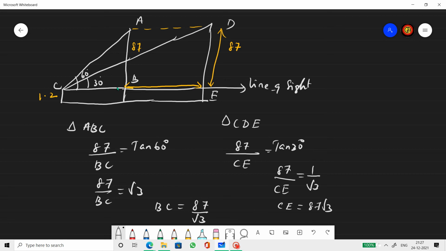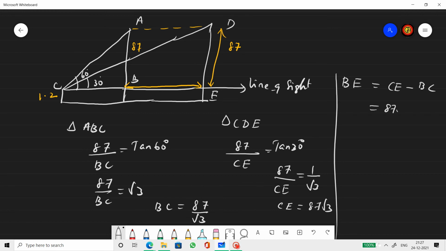We found CE and we also found BC. And CE minus BC is the distance traveled by the balloon. So BE equals CE minus BC.